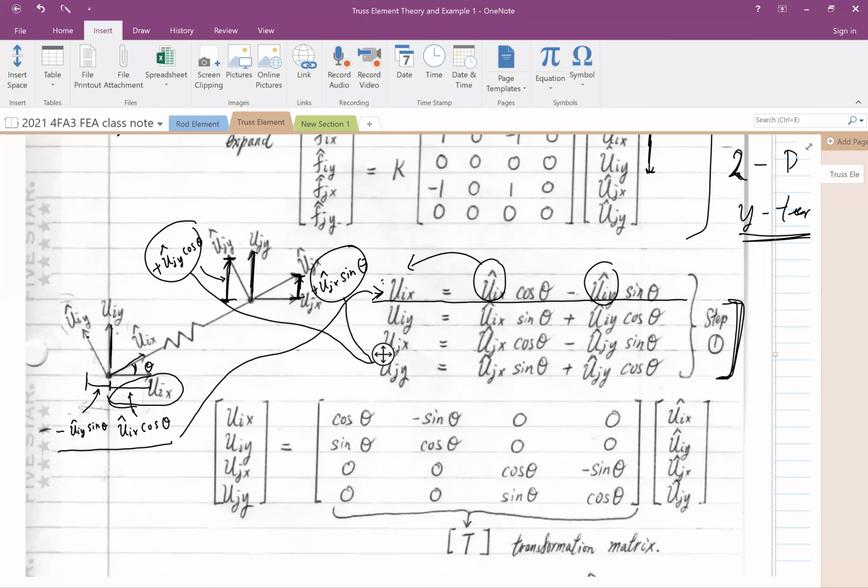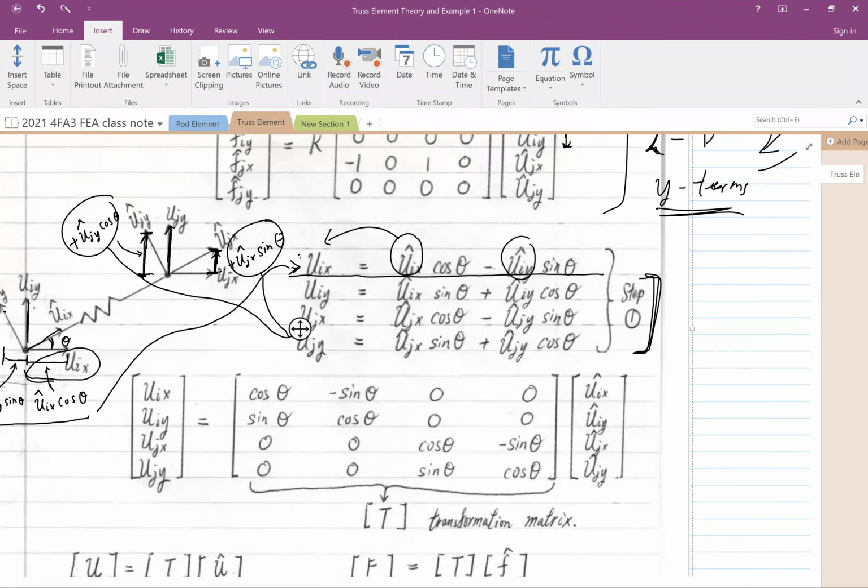Okay, the force direction, the movement of the node, is very important. Anything along Y going up is positive. Anything along the Y-axis going down is negative. For X, anything going to the right is positive, anything to the left is negative.